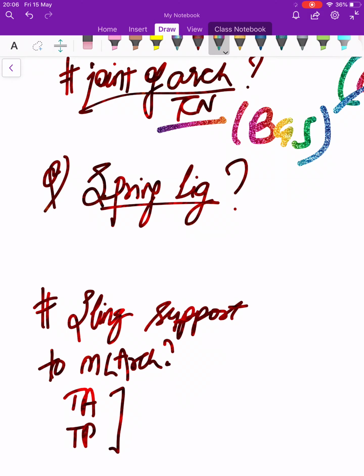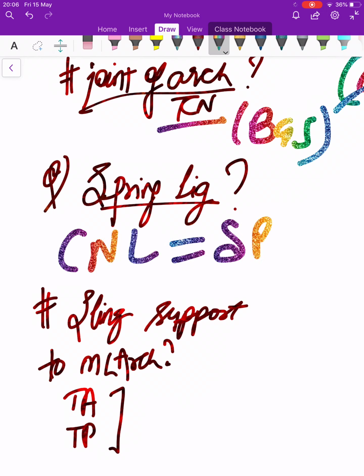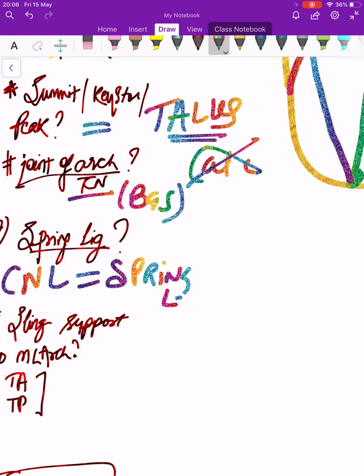Then the plantar calcaneonavicular ligament, it is also known as the spring ligament, ठीक है, and it is the main support of the medial longitudinal arch.